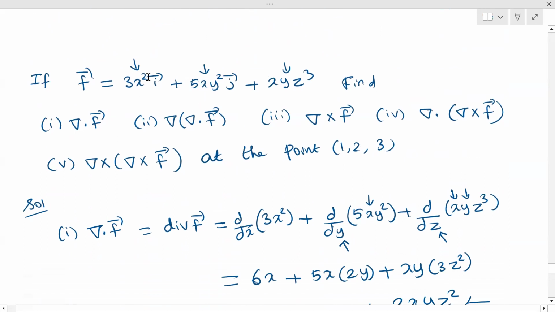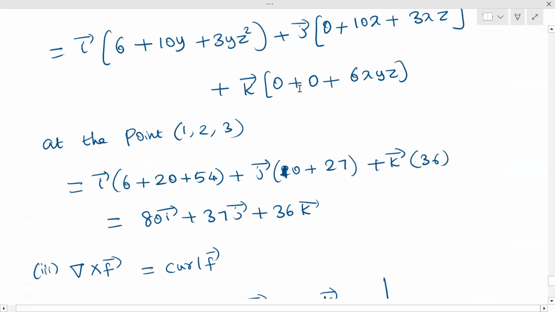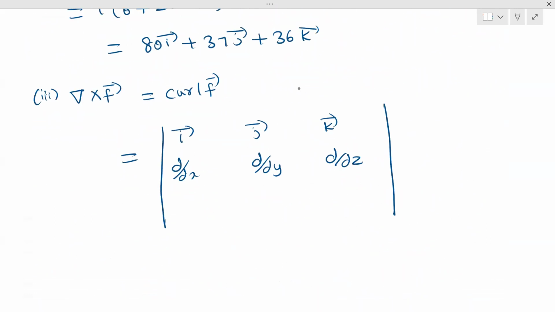Here the f vector is 3x square, 5xy square, xyz cube.